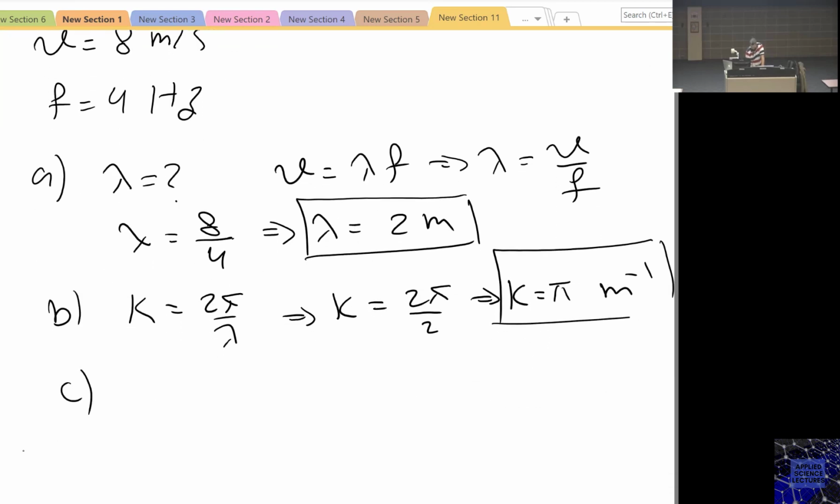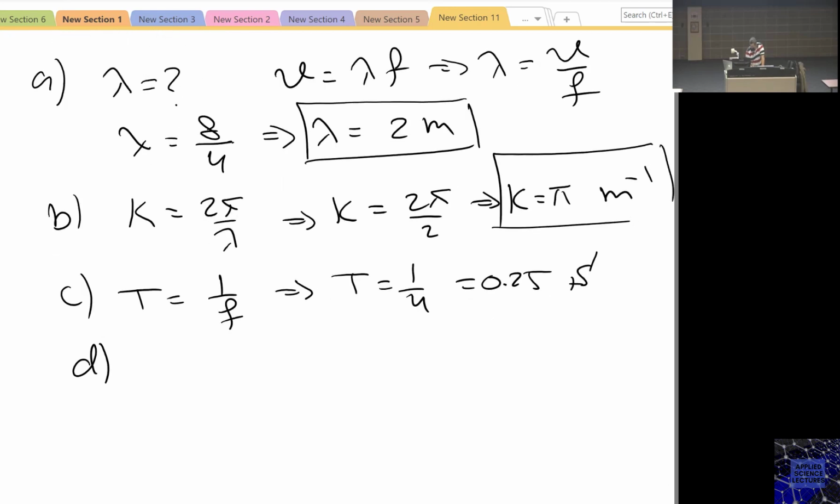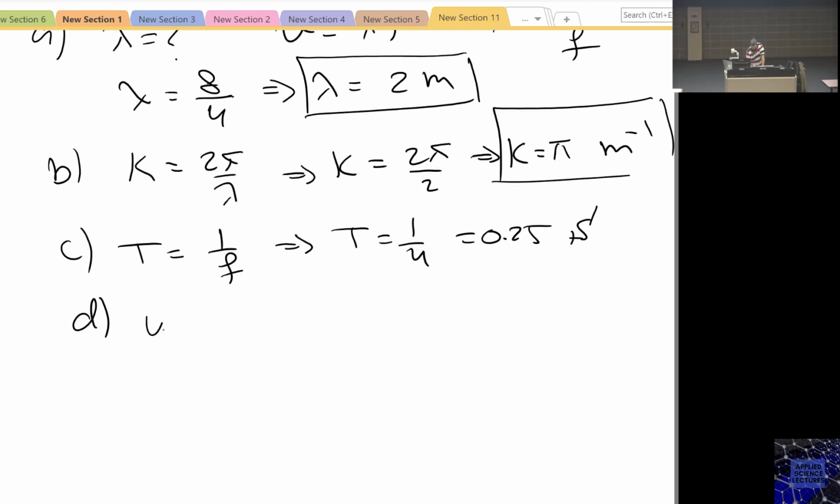C, the period is 1 over f, 1 over 4, which is 0.25 seconds. D, the angular frequency, omega, is 2 pi f, or 2 pi times 4, which is 8 pi radians per second.